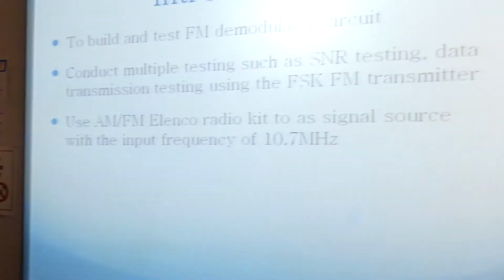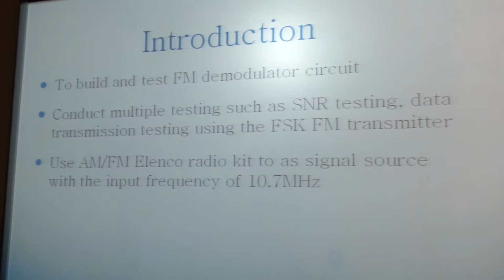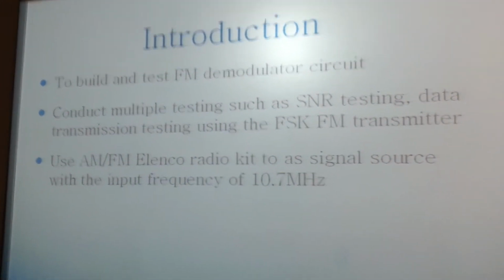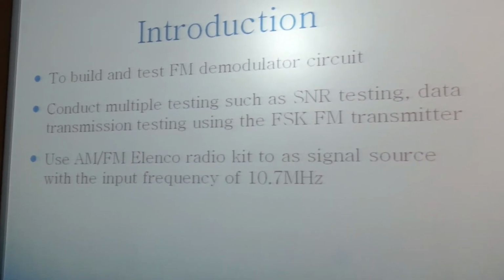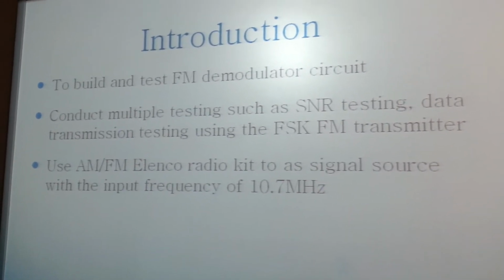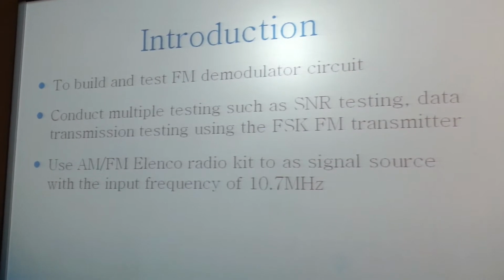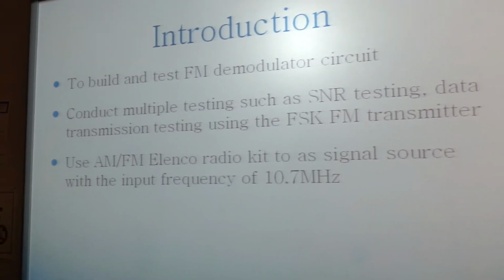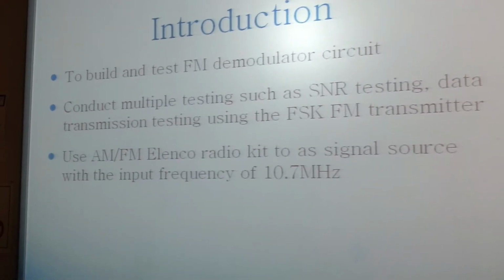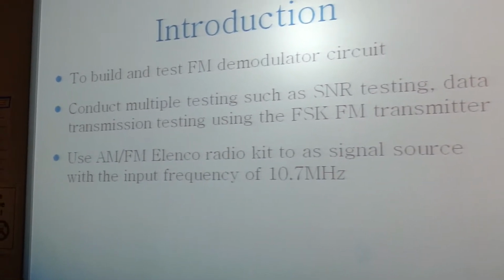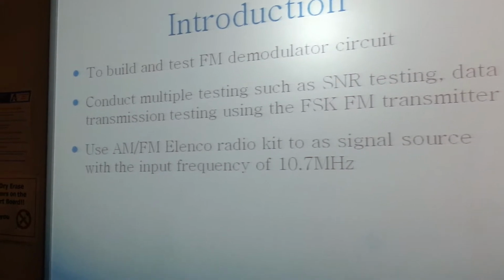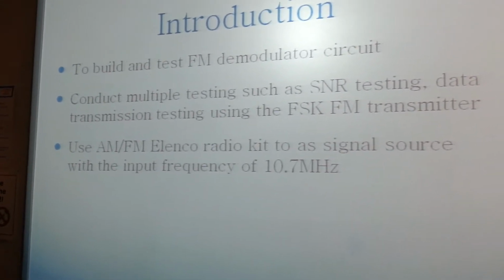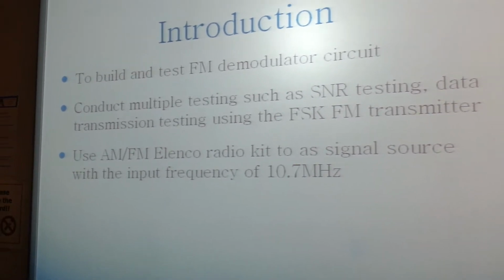This project is about building a demodulator circuit, and with this circuit we will conduct multiple testing such as SNR testing, data transmission testing, and we will use a FSK FM transmitter, which is given to us by the professor, and this is the Elenco radio kit, and we will use input frequency of 10.7 megahertz.